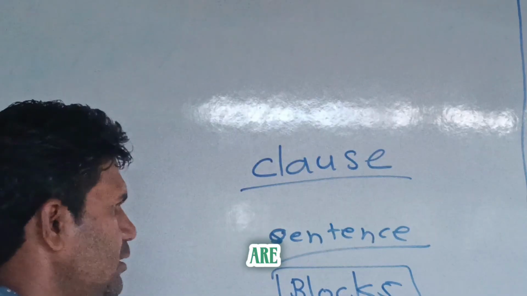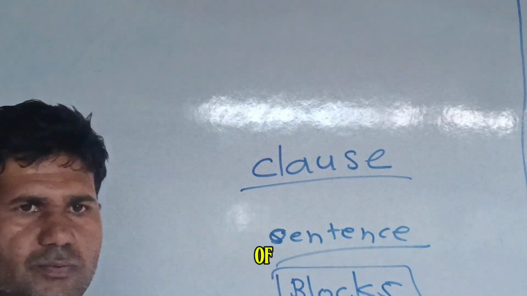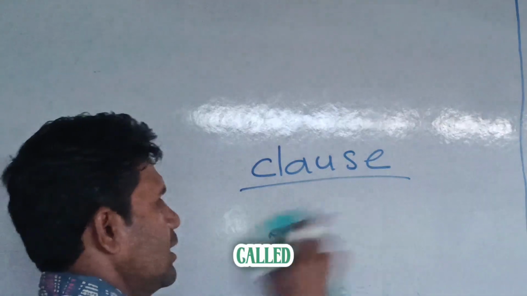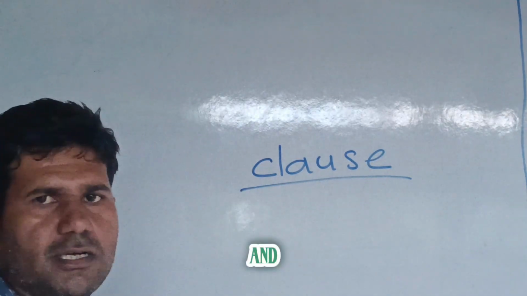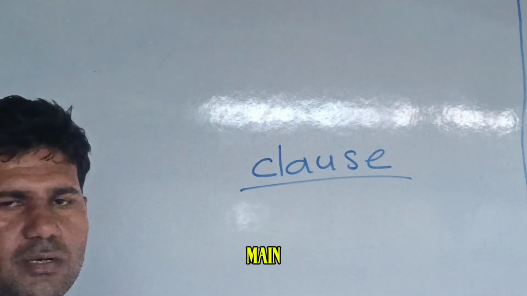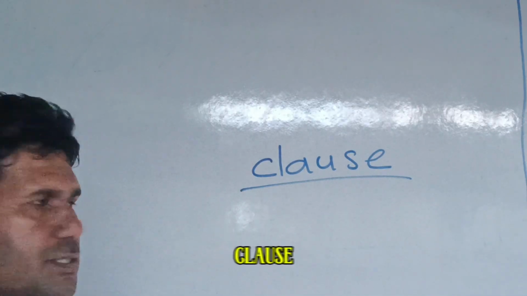There are two main types of clauses, and these are called independent clause and dependent clause, or we can say main clause and subordinate clause.